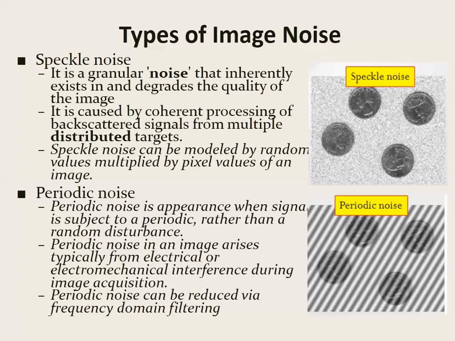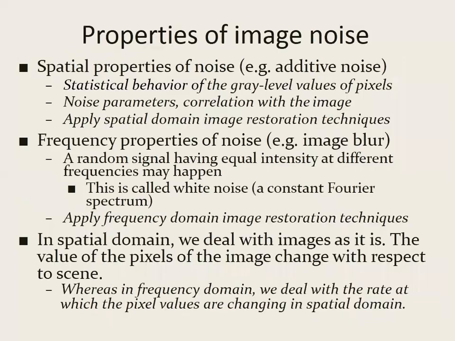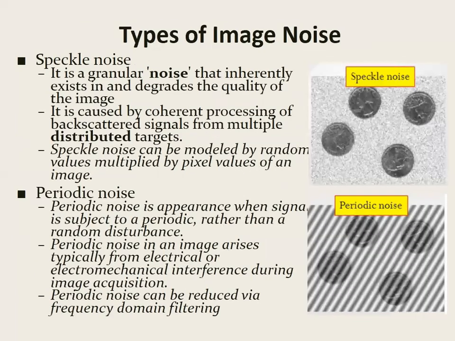We can use salt and pepper noise, Gaussian noise, speckle noise to deal with in a frequency domain or in a spatial domain, but periodic noises are better removed when we are dealing with the image in a frequency domain, because there are blurred images that result from periodic noise.